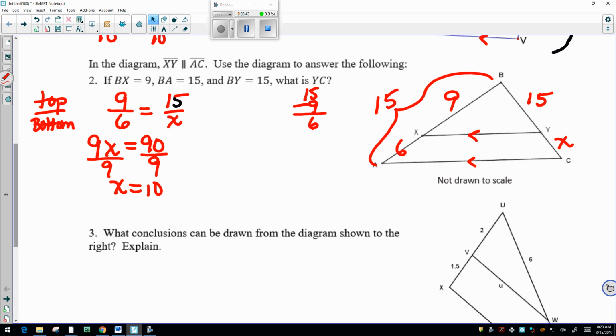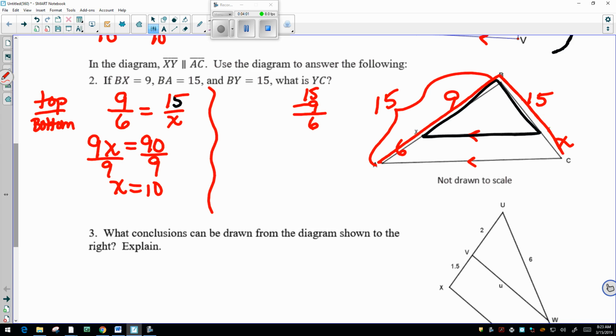A different way we could do this is we could say, well, these two triangles must be similar. And the two triangles I'm looking at, just so we are aware, would be, let's say, for instance, this top triangle BXY, and then the big triangle BCA. And the reason I know they're similar from our last unit, if I have these lines that are parallel, I could prove these angles are congruent because they're corresponding.